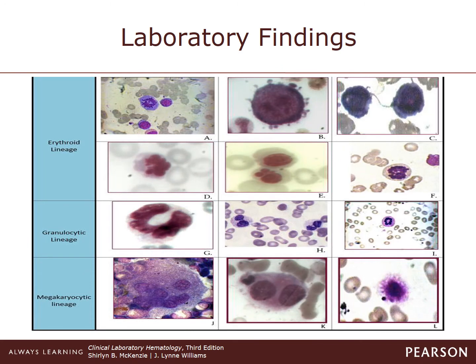In each of the MDS categories, you will see dysplasia or morphological dysplastic features in 1 or more of the cell lines. First we're going to talk about the erythroid lineage. In the peripheral blood, images D, E, and F, the most common morphological finding is the presence of oval macrocytes. When these cells are seen with a normal vitamin B12 and folate, MDS should be thought of as a differential diagnosis.